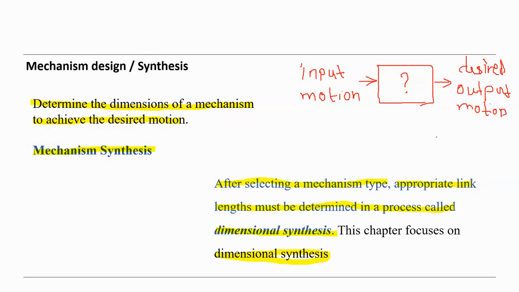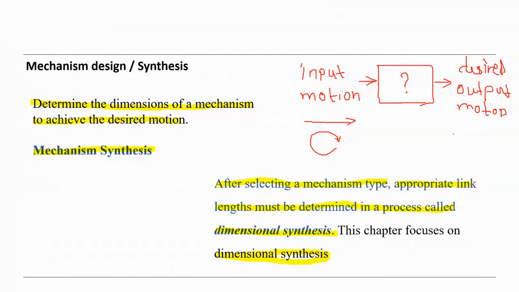And we know which type of input motion we are going to apply. Mainly, it may be a rotation or translation. So it could be a translation, linear motion, or could be a rotation. Let's say the counterclockwise or clockwise. So two types of motions.